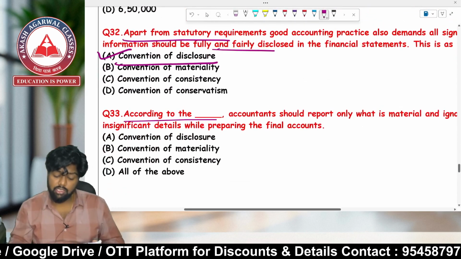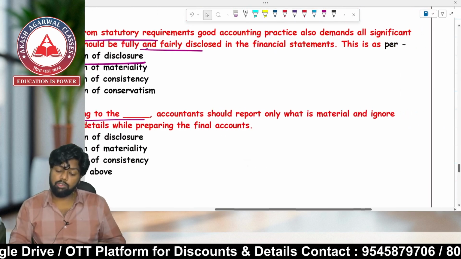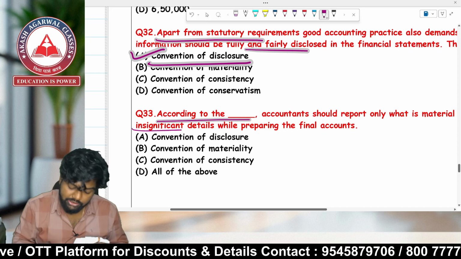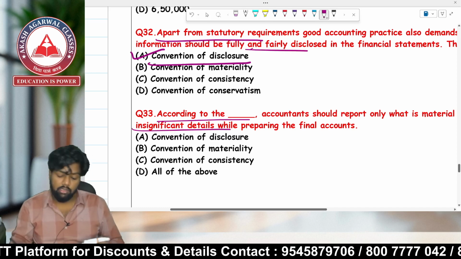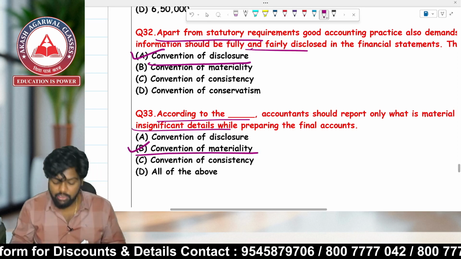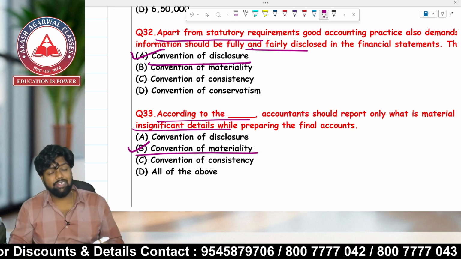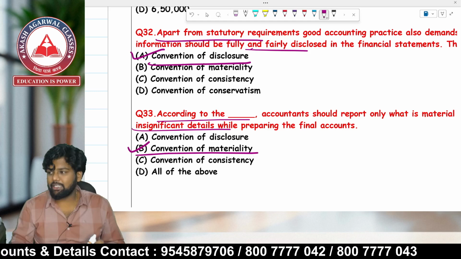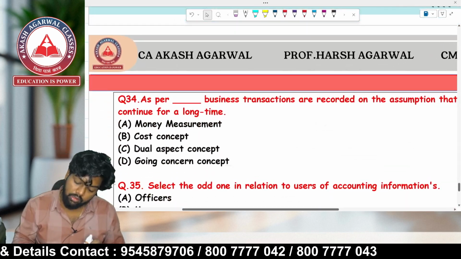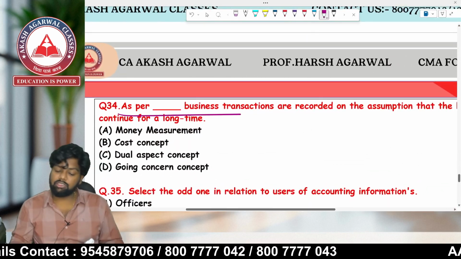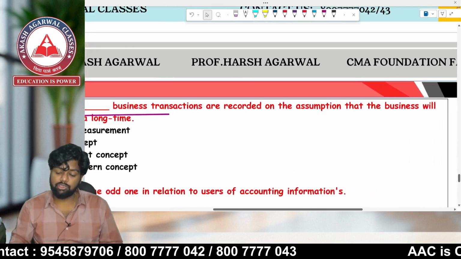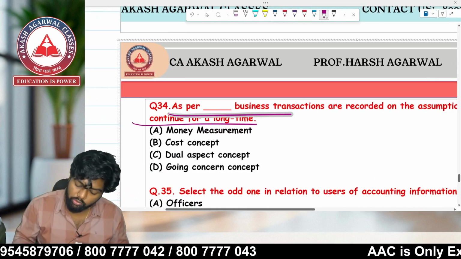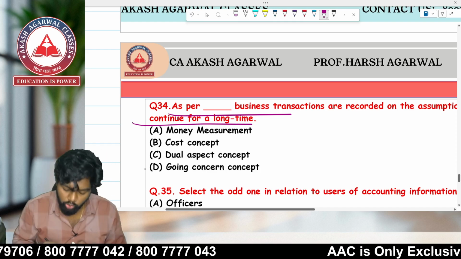According to the convention of materiality, accountants should report only what is material and ignore insignificant details while preparing statements. Record material transactions, ignore immaterial transactions. As per the going concern concept, business transactions are recorded on the assumption that the business will continue for a long time.